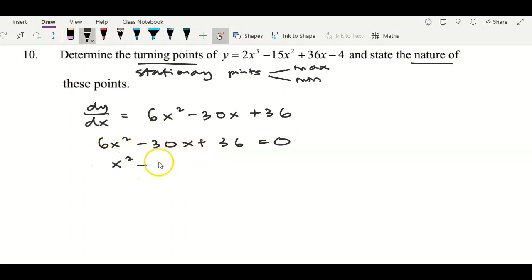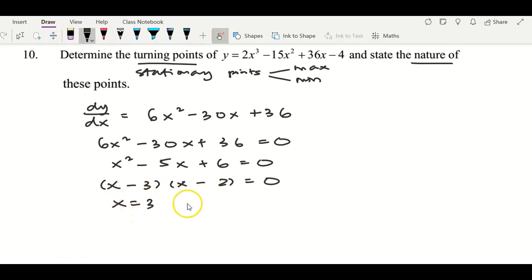We're going to simplify it first. And now we factorize and then we solve. Alright, then we have two values of x. One is x equals 3, the other one is x equals 2.